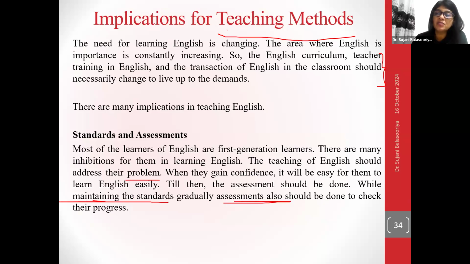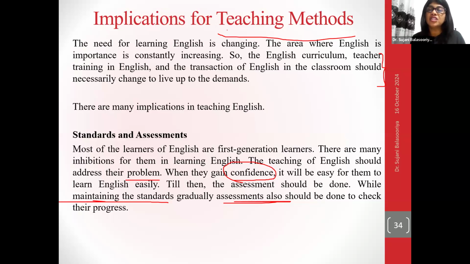Right now, the biggest problem with the learners of English is related to this matter, right? Confidence issues. In other words, actually, attitude, right? Attitude is something else, but confidence and attitude are actually like two sides of the same coin. Because most of the students have confidence problems, lack of confidence due to attitude issues.